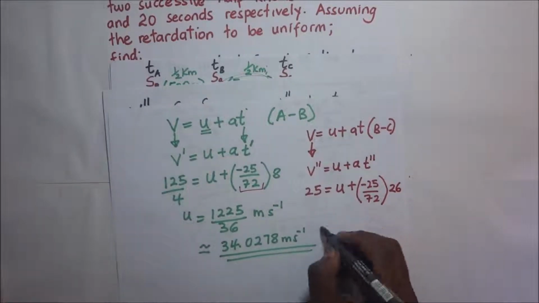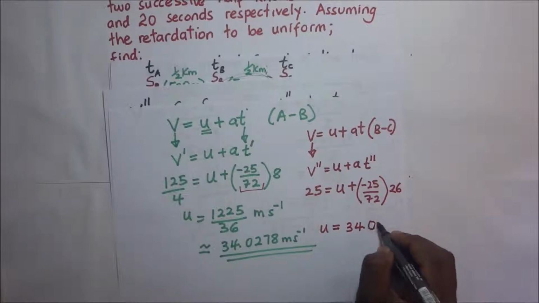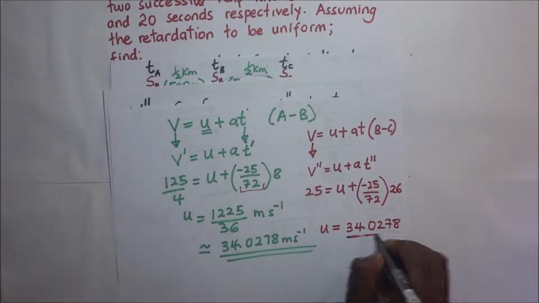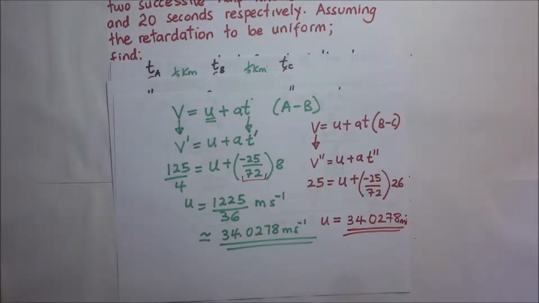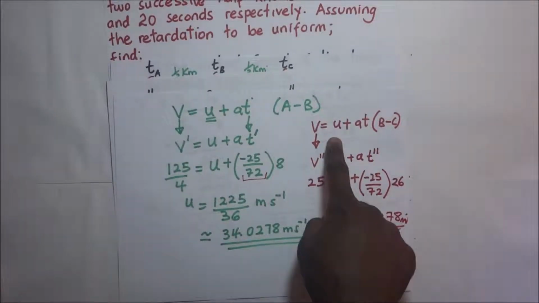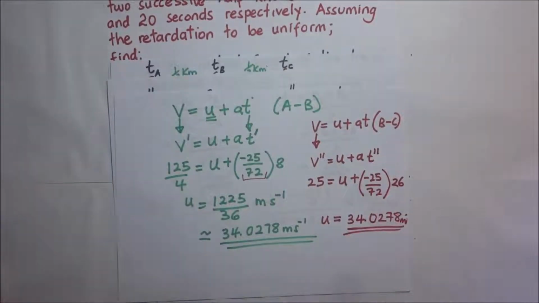And of course our value of u there is going to be 34.0278 meters per second, just like the way we got this one. So you can get the value of u using either the first portion or the second portion of the motion.